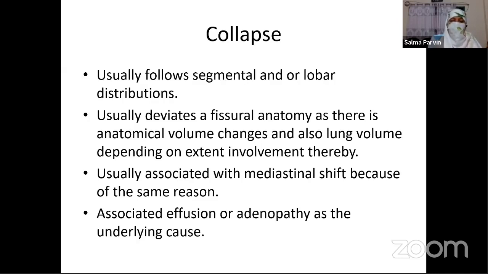These volumetric changes cause a reduction of the lung volume, depending on the extent of involvement, and there is mediastinal shifting and associated effusion as per the cause of collapse. So a definite, anatomically precise involvement, mediastinal shifting, and volume changes are part of collapse.